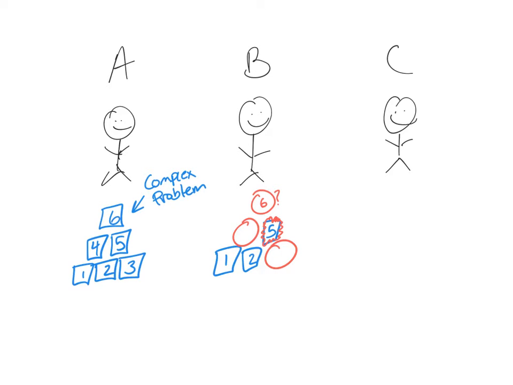Student C, they're in class for lesson 1, in class for lesson 2, they're in class for lesson 3, but it maybe just didn't make quite enough sense that day. And then we go on to lesson 4, and we go on to lesson 5. Those are going good.